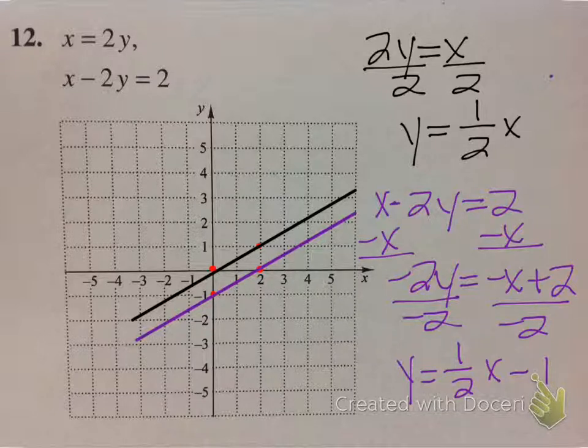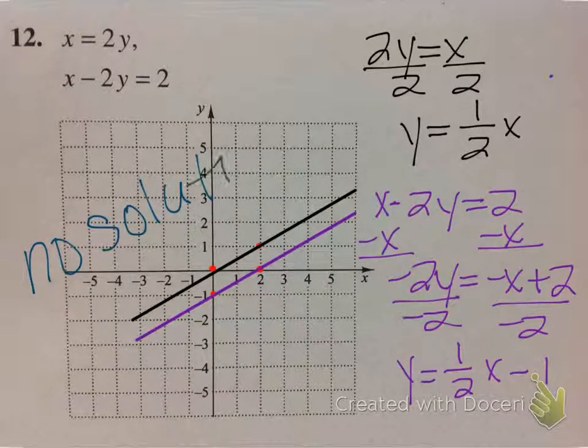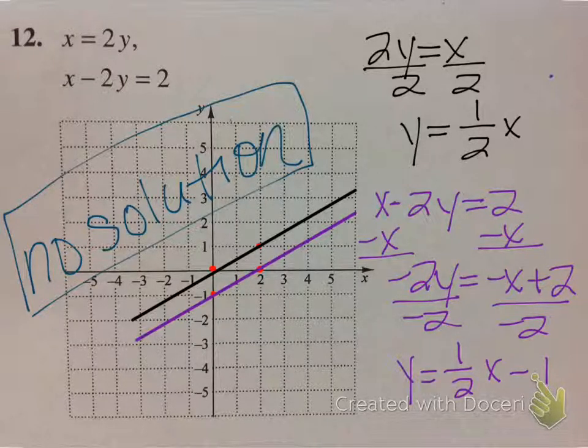So it looks like I have parallel lines, which means if the solution to a system is where they intersect and my lines don't intersect, that means I have no solution. So parallel lines have no solution because they never intersect. So there's no ordered pair that ever makes both of these true at the same time.